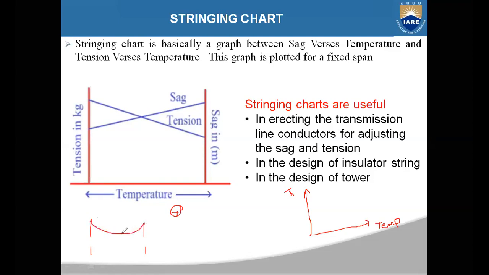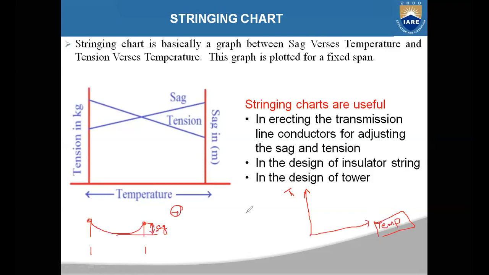This is your conductor. From here to the lowest point on the conductor is sag. This is sag. Tension is nothing but the stretching force between the two towers. Suppose you increase the temperature, what happens to the conductor?